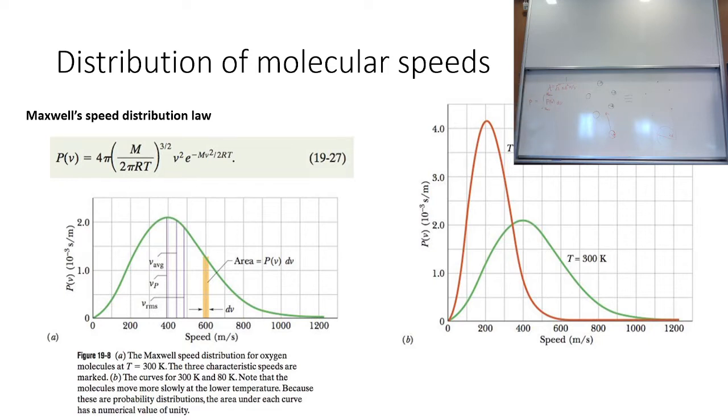So if you want to work out the probability within a certain range, what you do is you integrate that probability within the limits.